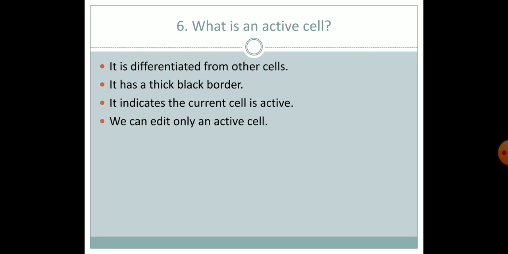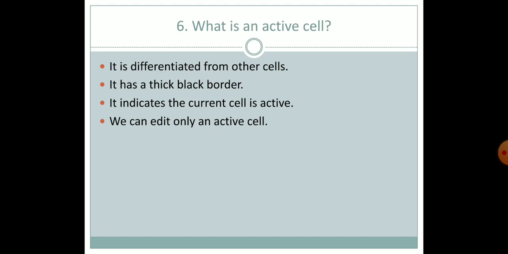You cannot simply edit. Whichever cell you want to edit, you have to go to that cell, either through the movement keys or through the mouse. Make that particular cell active and then edit it.